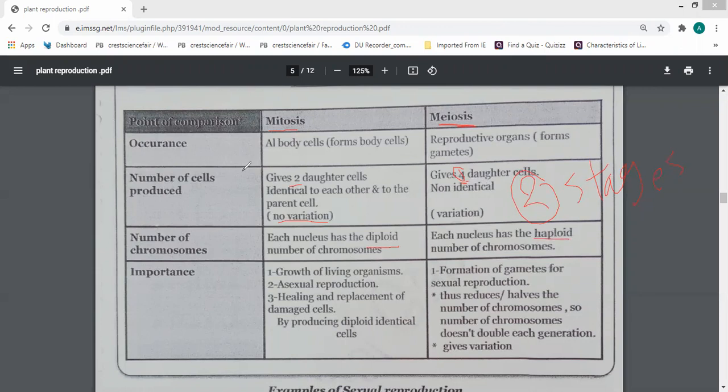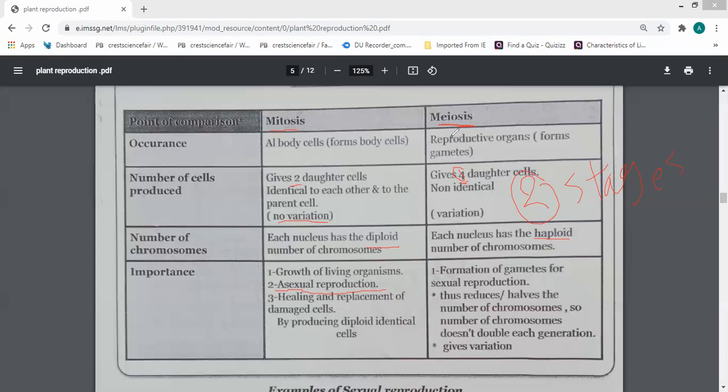The importance of both of them: mitosis, as we explained before, is for repairing, for growth, and for replacement of cells, and some living organisms use mitosis as asexual reproduction, like fungi in case of spore formation, potatoes in case of reproduction by tuber, and bacteria in case of binary fission.